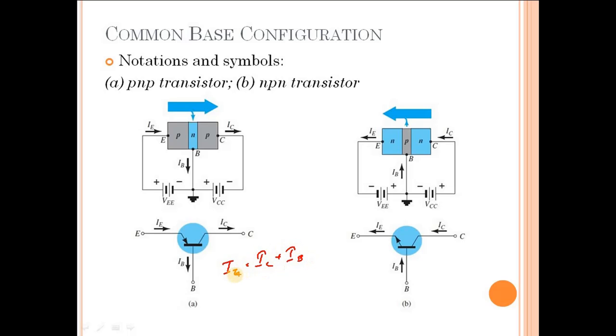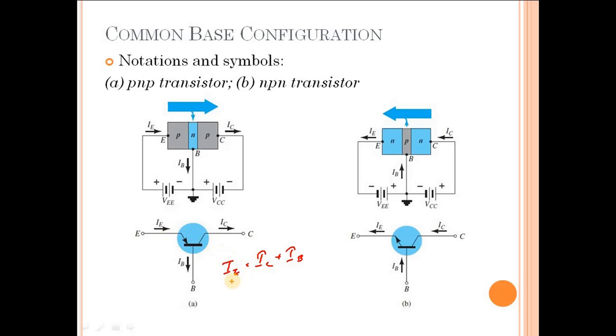If you treat this BJT as a package, as a node to which we can relate three currents, we already know the equation IE equals IC plus IB.